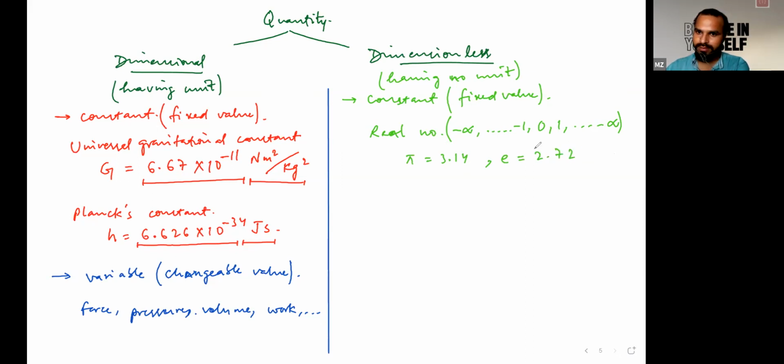Again, it is a constant term and there is no unit assigned for its measurement. So we can call it a dimensionless constant term. There are some quantities whose value would change. So we can call them variable or changeable value.